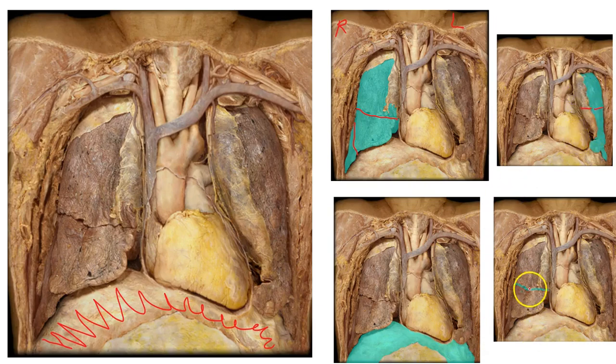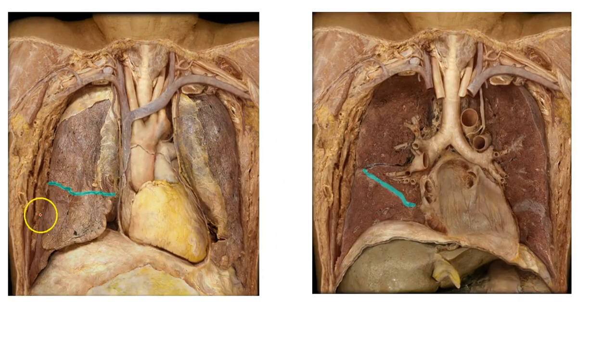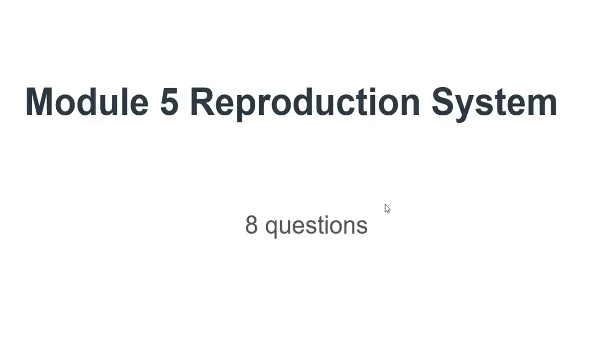In this picture, this highlighted region shows the transverse fissure. One more time, you can see the transverse fissure of the right lung, and here is the oblique fissure of the right lung.